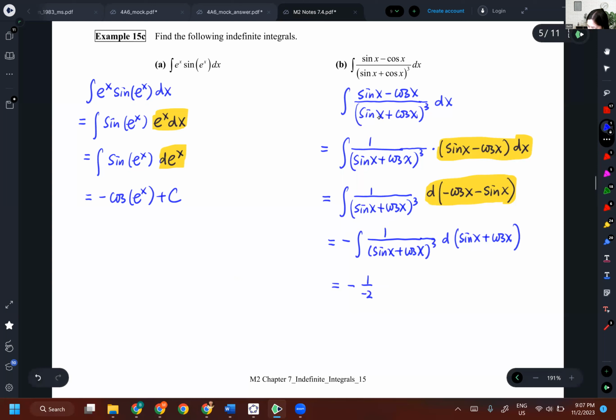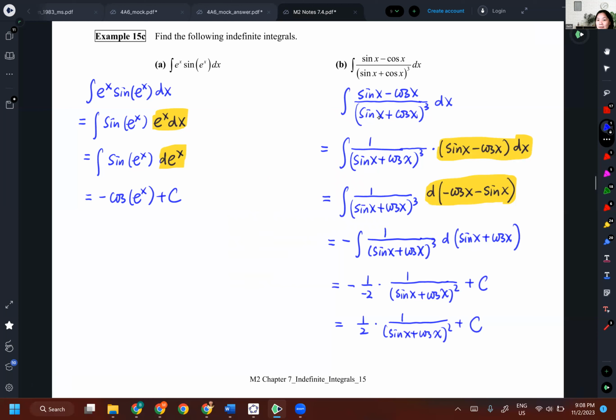Negative 2. Negative 2. Is that okay? Now, girls, at any point, if you find what I'm doing now, I mean what your teacher is doing now, confusing, you can try to differentiate my result.